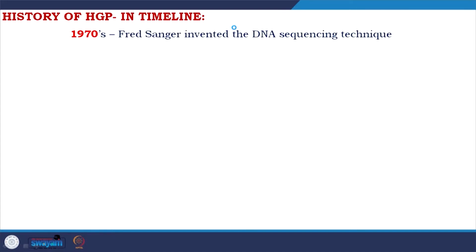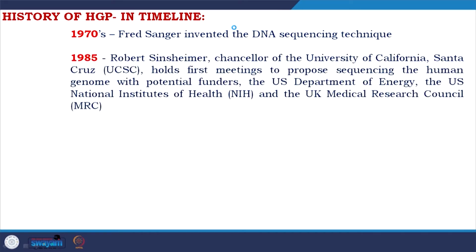Let's look at the timeline of the Human Genome Project. In 1970, Fred Sanger invented the DNA sequencing technique. We talked about that. Then in 1985, Robert Sinsheimer, Chancellor of the University of California, Santa Cruz, held the first meeting to propose sequencing the human genome with potential funders: the US Department of Energy, the US National Institutes of Health (NIH), and the UK Medical Research Council (MRC).